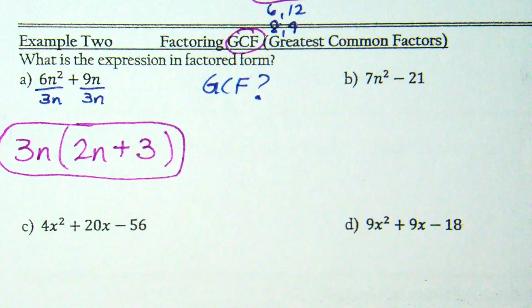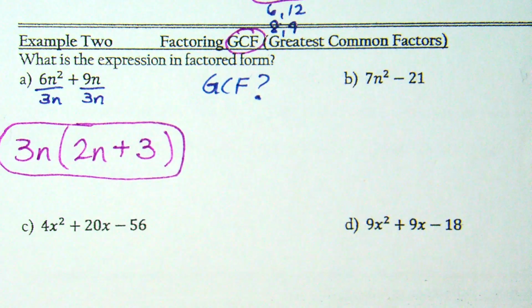Okay, look at example B. We're going to quickly look at example B. GCF. They both have a 7. What about n? Do they both have an n? No. The second one's just a number, so the biggest GCF is 7.